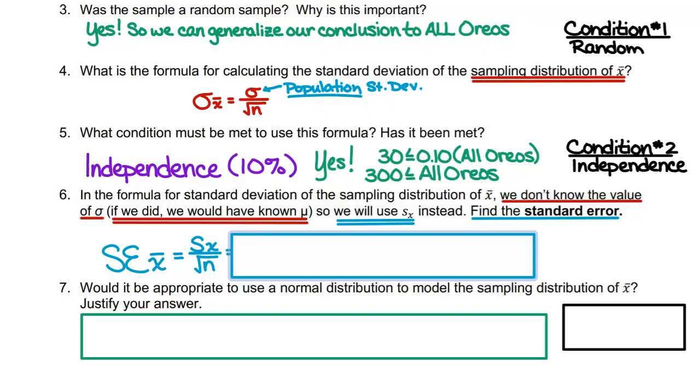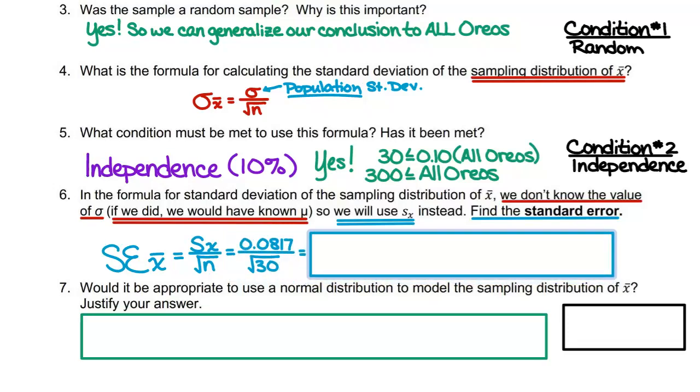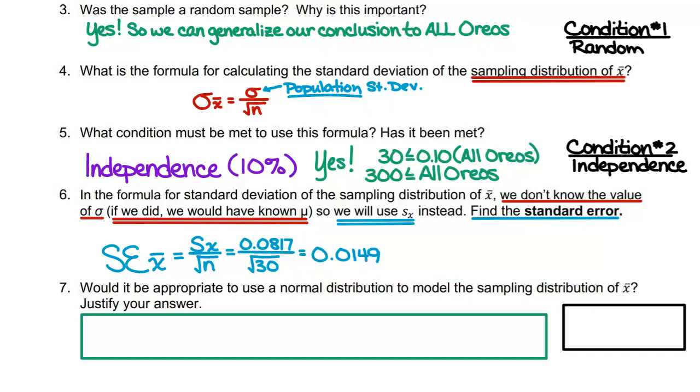Yes, what is that? 0.0817, and then n was what? 30. So I want you guys to take 0.0817 and divide it by the square root of 30. Tell me what you get. 0.0149. I love it.